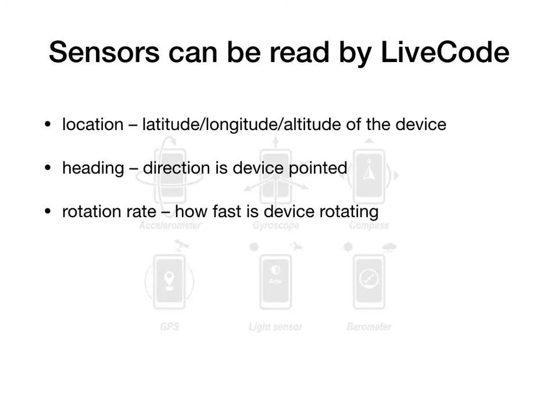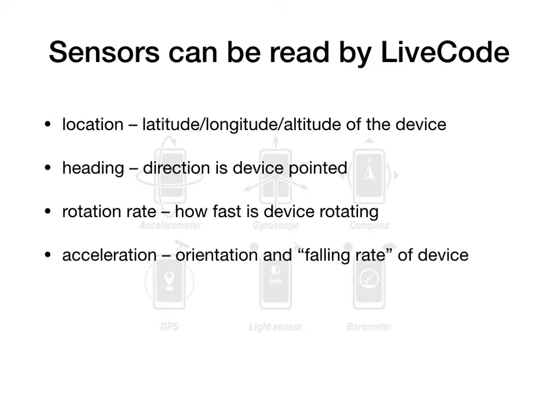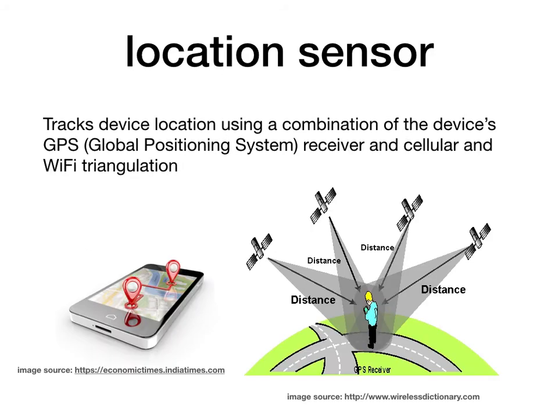The rotation rate allows you to see how fast the device is rotating along the three major axes. And finally, the acceleration sensor will tell you the orientation or the falling rate of the device. We'll go into what those all mean in the next slides.